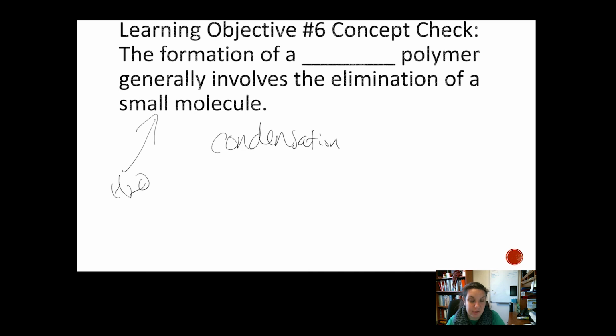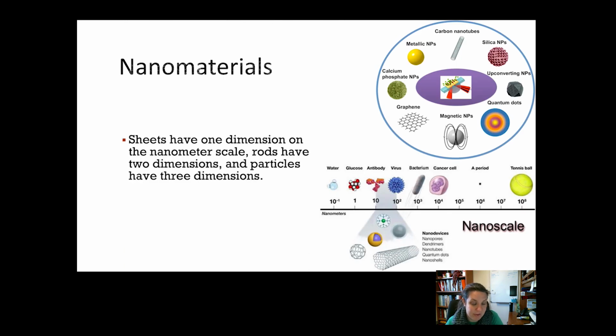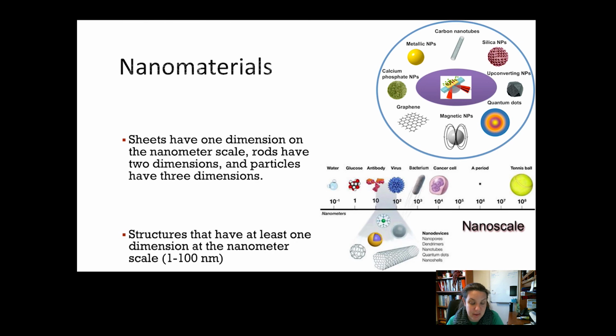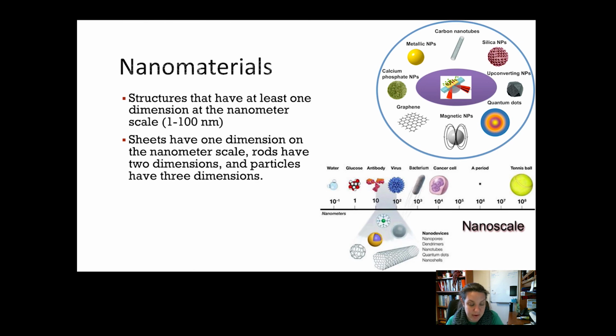And last part, we'll look at nanomaterials. These are structures that have at least one dimension on the nanometer scale, so 1 to 100 nanometers. We have sheets, which have one dimension in the nanometer scale, and the other two dimensions are not.